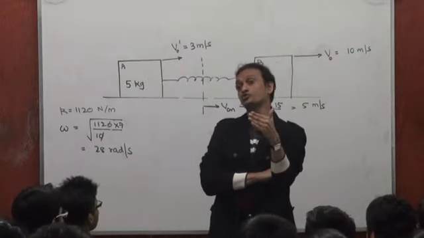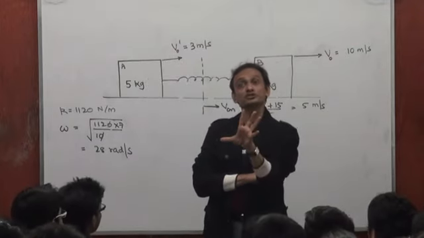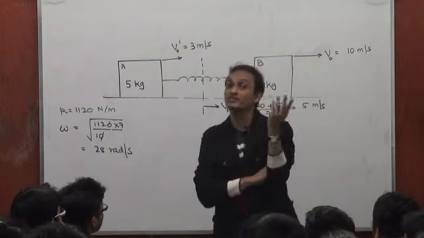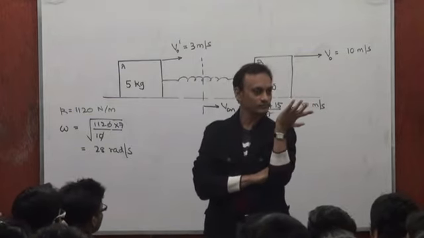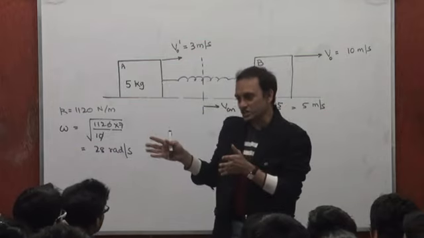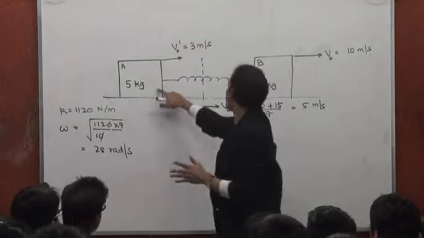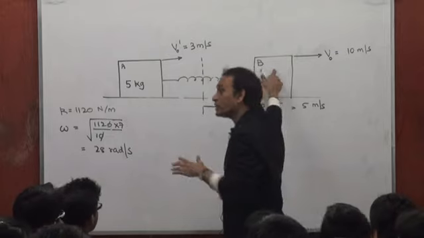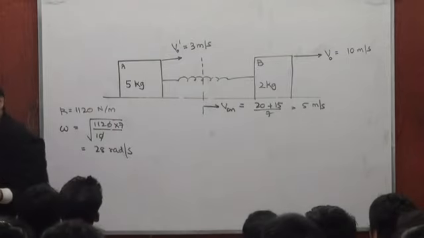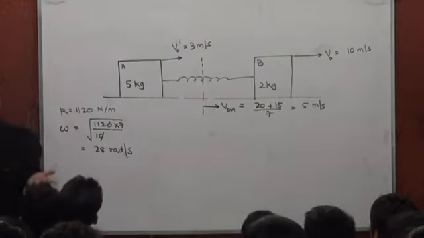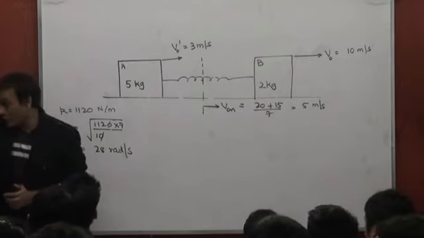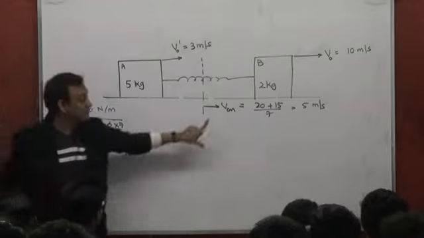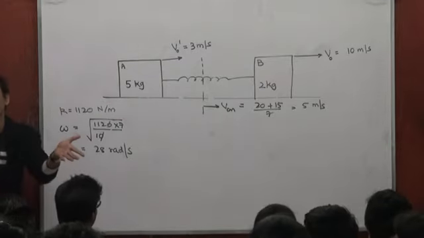If the velocities of the two masses are the same at a certain instant, then that must be the same as the velocity of the center of mass. So the final common velocity when the extension is a maximum must be 5 meters per second for both the masses.